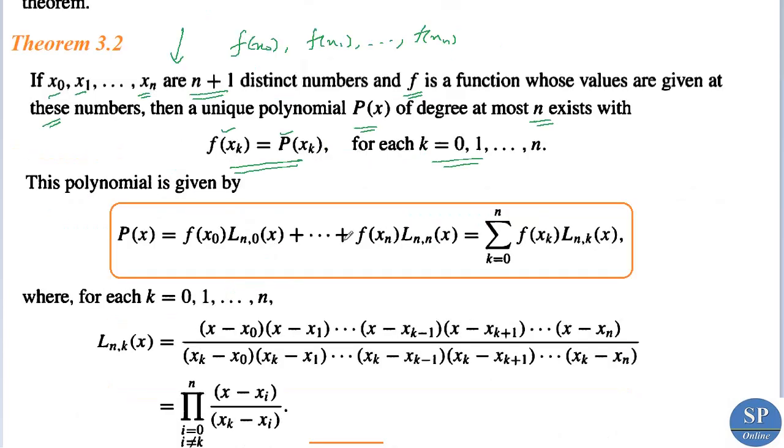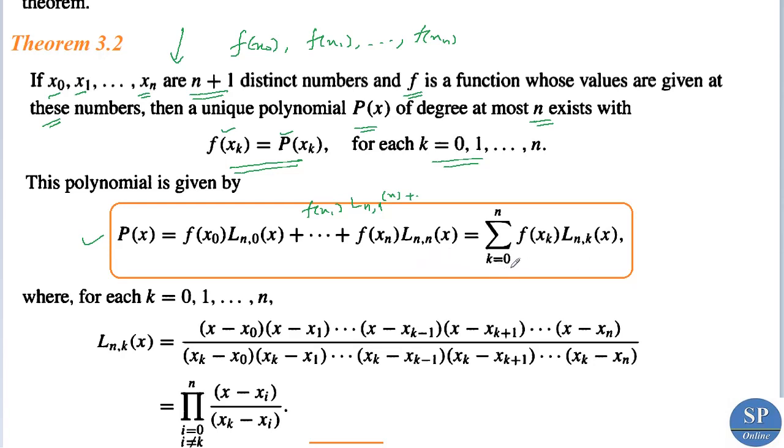And this Lagrange polynomial is given by p of x equal to f of x0 L_{n,0} of x plus f of x1 L_{n,1} of x plus etc., f of xn into L_{n,n} of x.